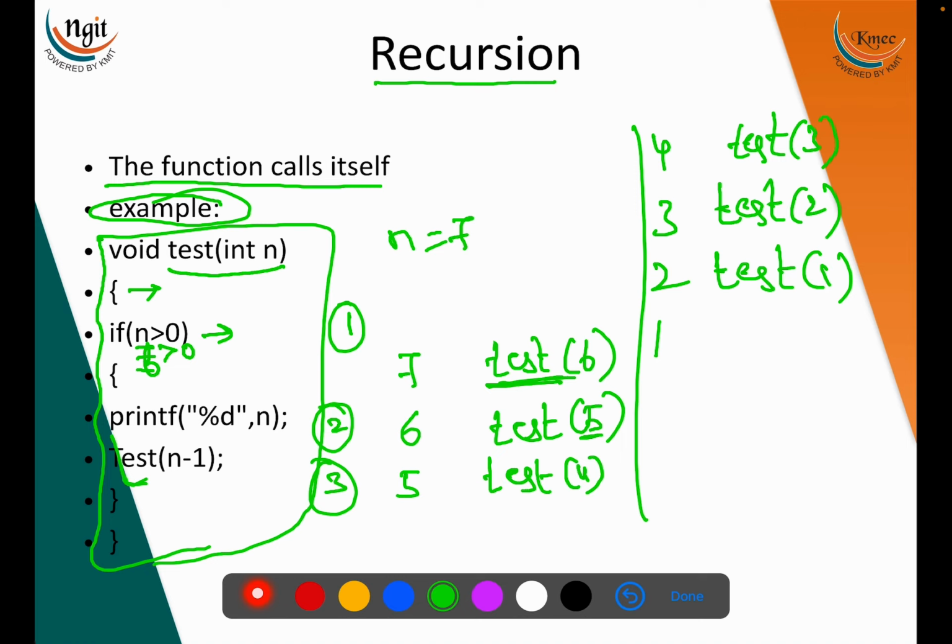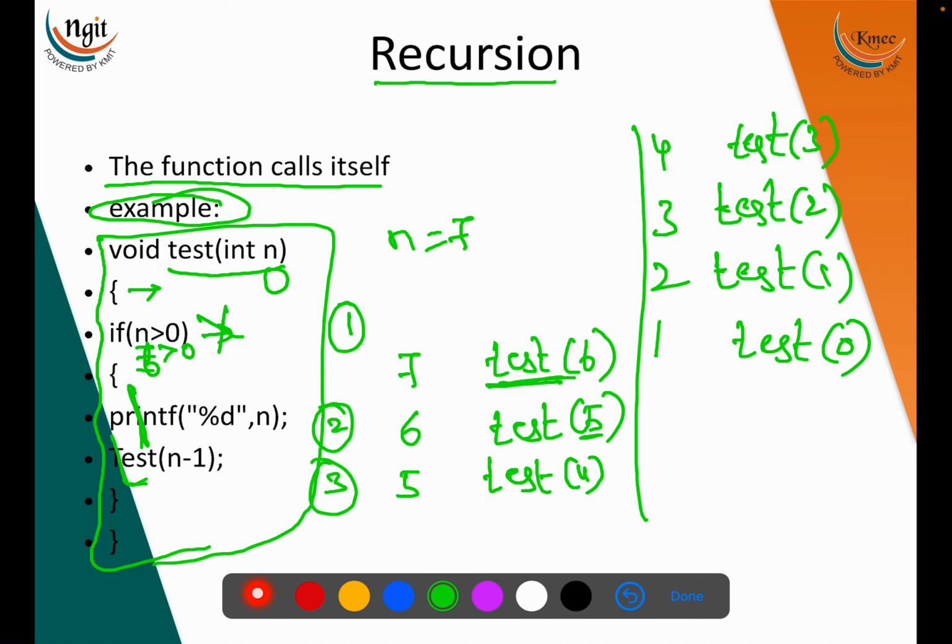Now n value is 1 and it is still greater than 0. Now printf prints the n value on the screen, which is 1. Then test of 1 minus 1, that is test 0. Now n value becomes 0, and 0 greater than 0 fails, so this time it will not go inside the block.